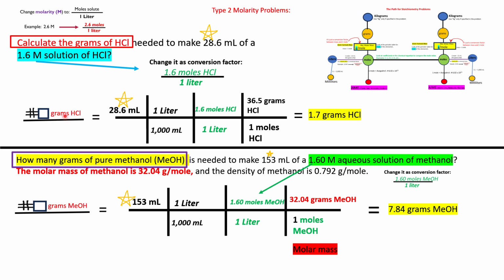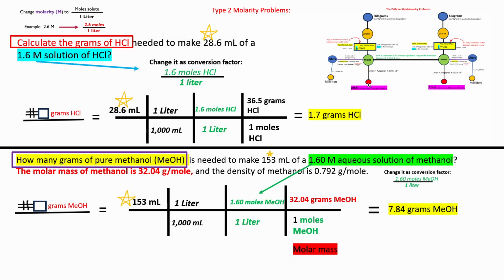This is actually what I need to have at the end, correction. And then my starting point is 28.6 milliliters. So now that I know that, I'm going from 28.6 milliliters to grams, because this is what I'm looking for, right? So I'm going from milliliters to grams.